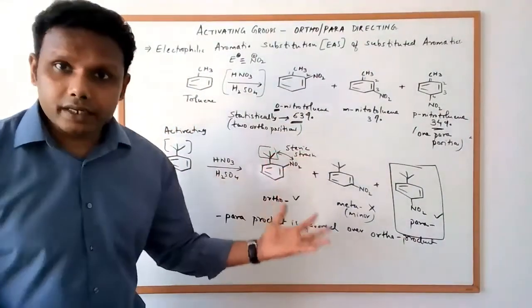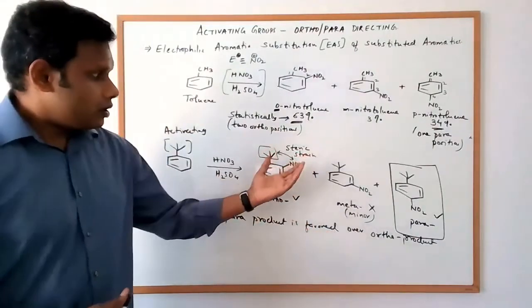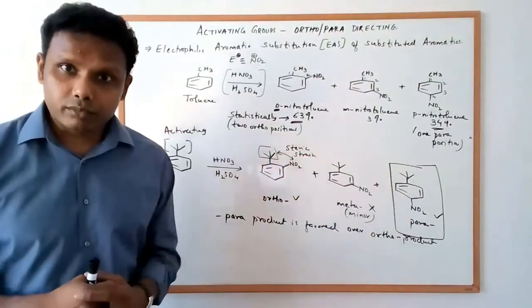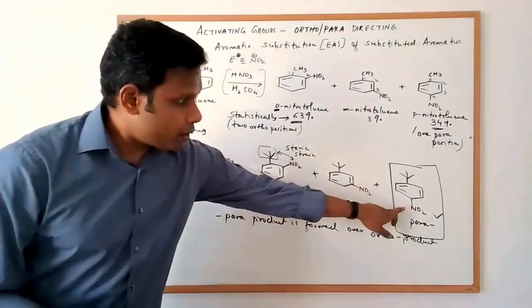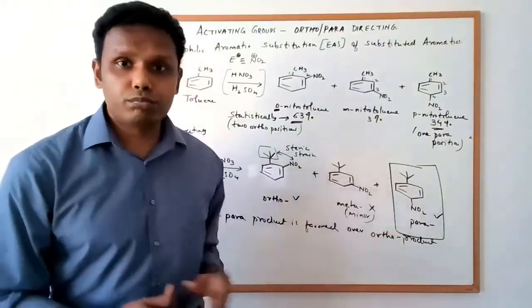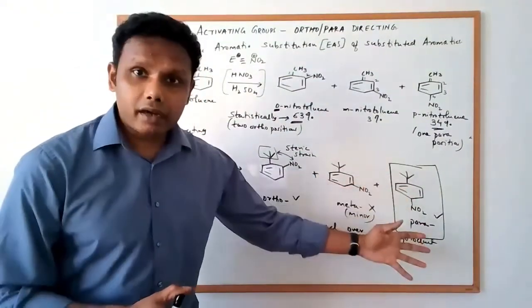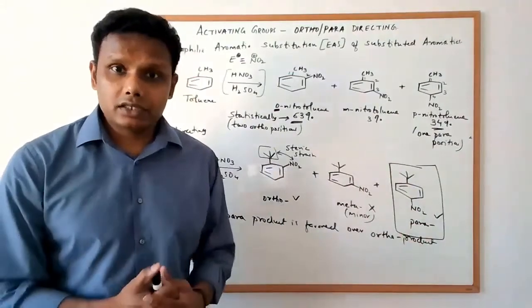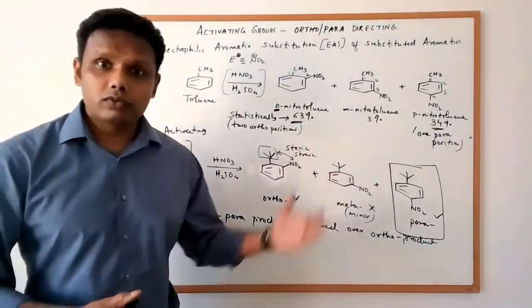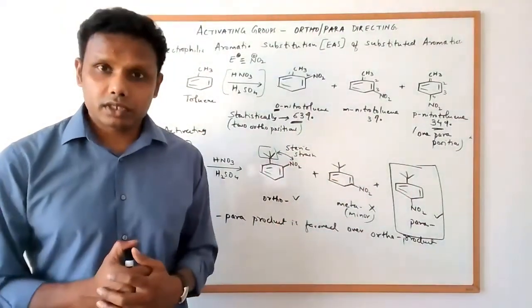And so that steric strain destabilizes the transition state that's leading to the formation of that product. The para product places the nitro group away from this bulky tert-butyl group. And so the para product does not have any steric strain associated with it. So the para product is overall favored in this particular case.